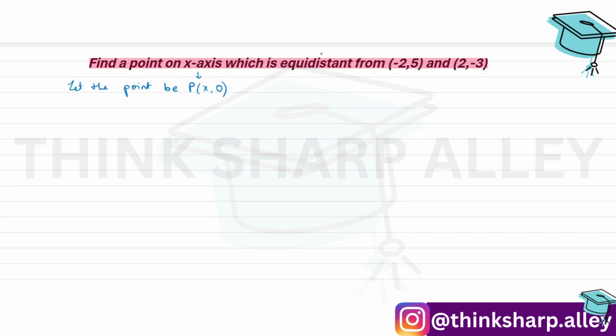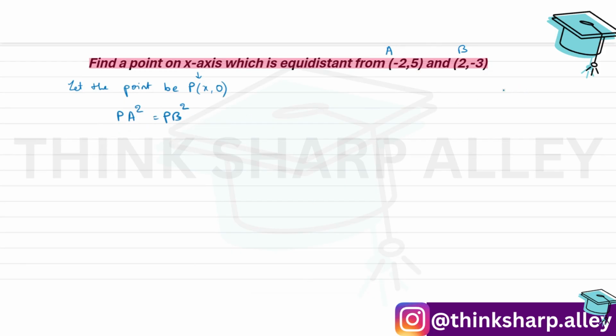Equidistant means at equal distance. So P is at equal distance from these 2 points. Let's name the points A and B. Which means PA is equal to PB. Now we don't want to deal with square roots, but in the distance formula we have to use it. So I will write PA square equal to PB square so that we don't have to write square roots.